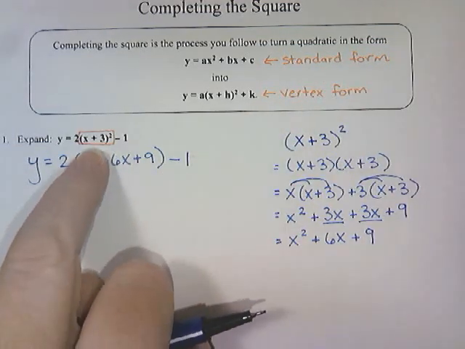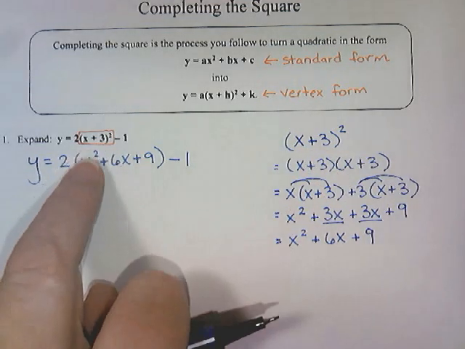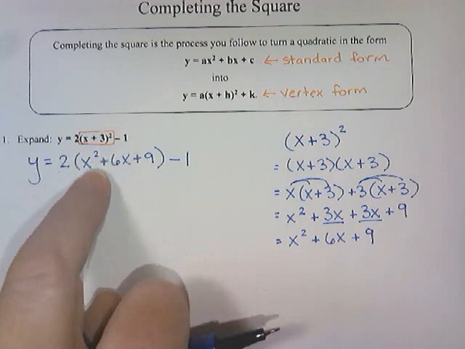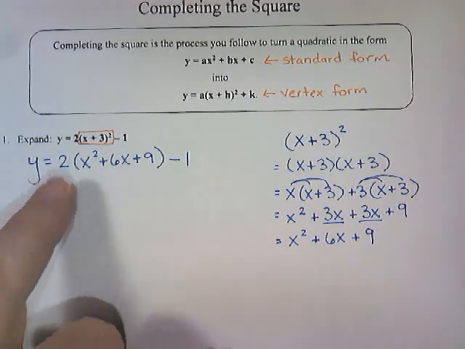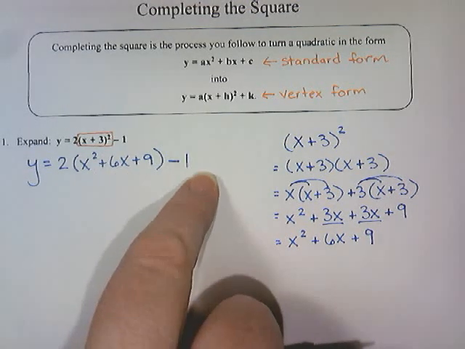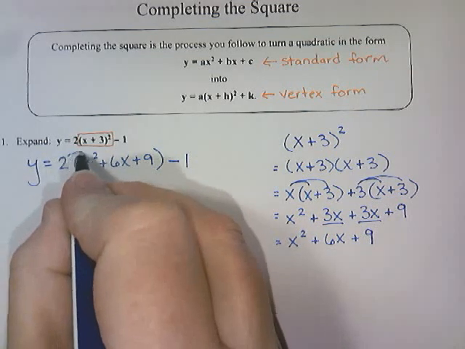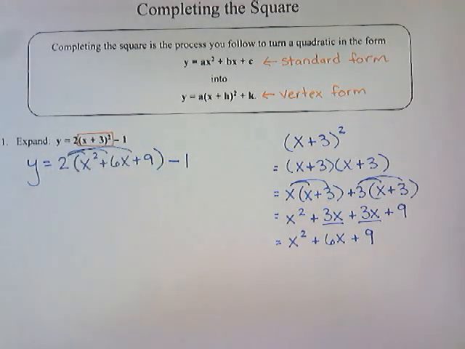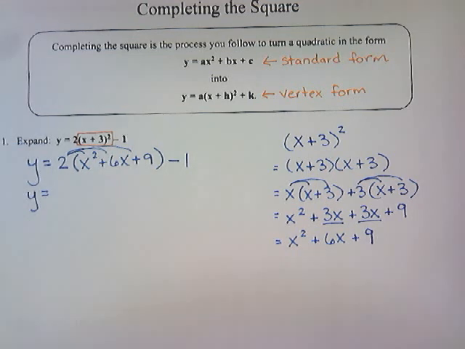So all we did was we took x plus 3 squared, we figured out what that was, and then I replaced it. I just took that part out and put in x squared plus 6x plus 9. All right, I still have multiplication, and then I have some subtraction. So we are going to multiply next because order of operations says that we multiply before we subtract. So I am going to multiply everything in that bracket by 2.